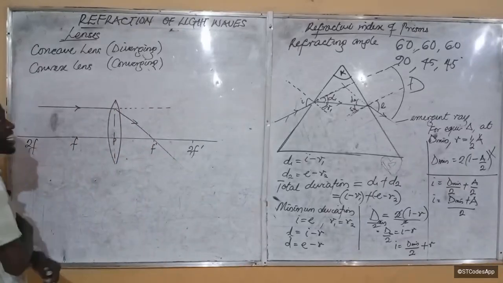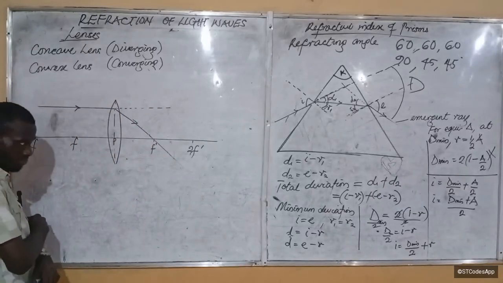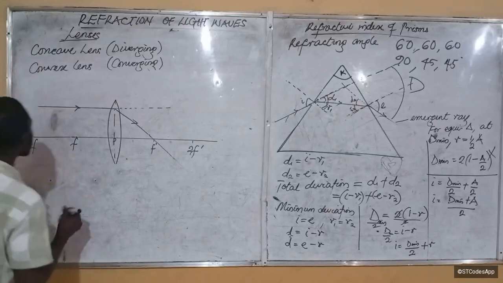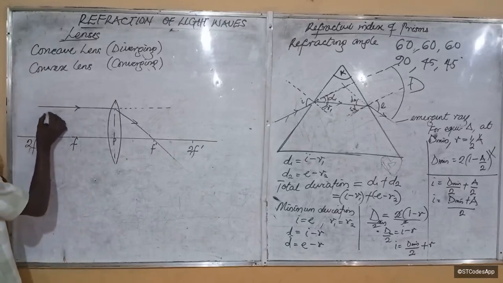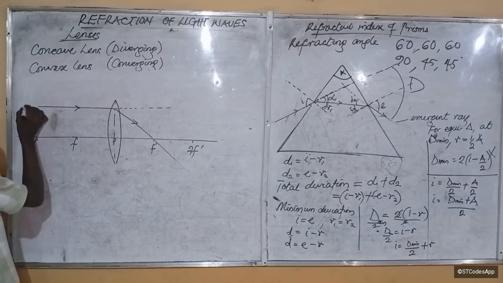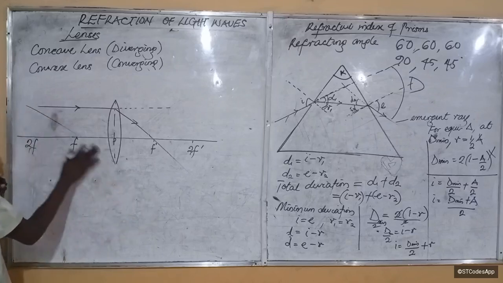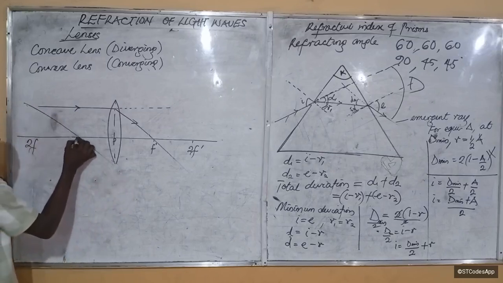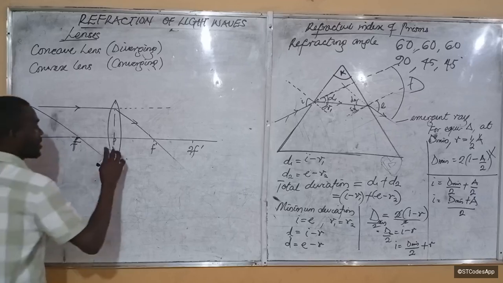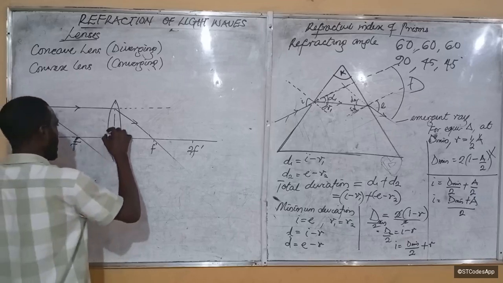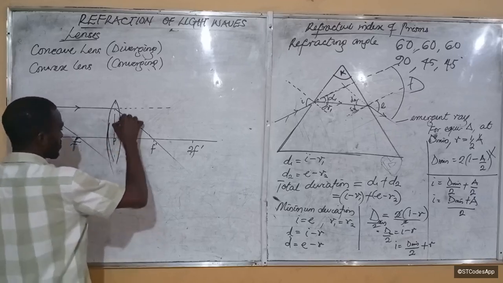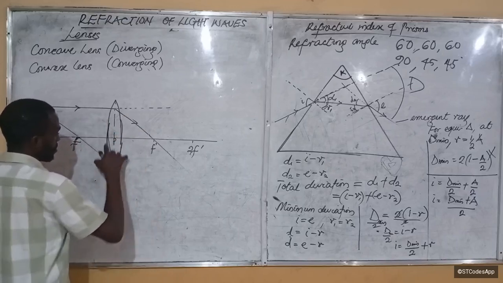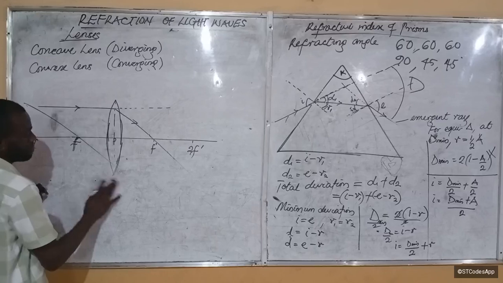If you now draw a ray of light to pass through your focus, let's assume it is going through the focus. Let's increase the size of our lens.